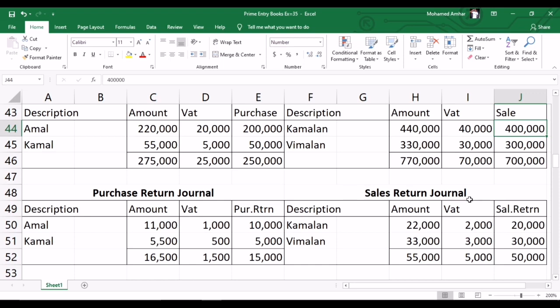Here, sales return journal. Right. Kamalan returning how much value of goods? 22,000. So included VAT is 2,000. So the sales return amount balance is 20,000. Right. Next.